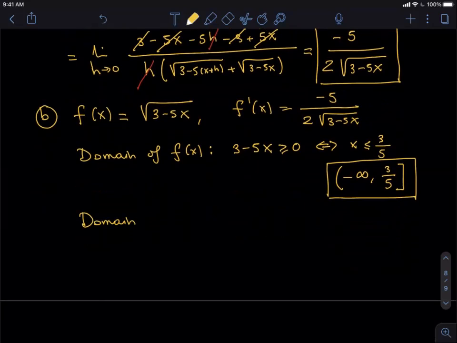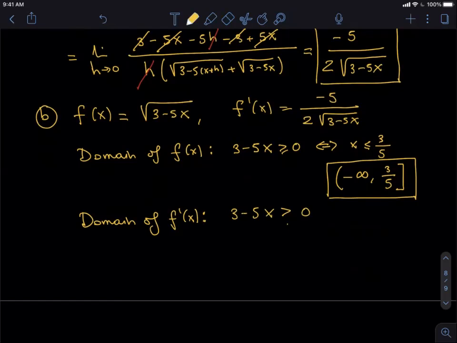And then the domain of the derivative, very similar. We have a quotient and we have a square root. So what is inside of the square root is 3 minus 5x, which needs to be non-negative. But now notice that because we are dividing by that square root, the equality is not acceptable.